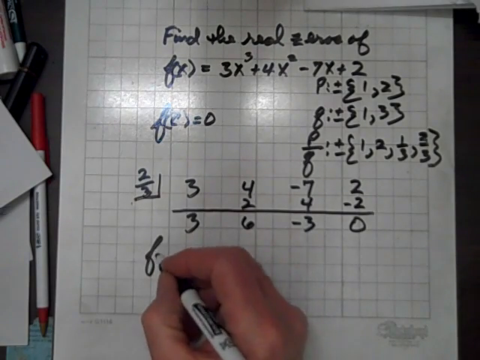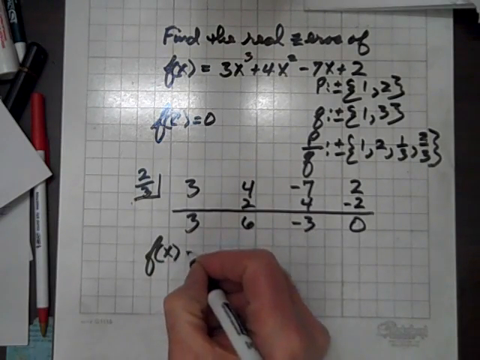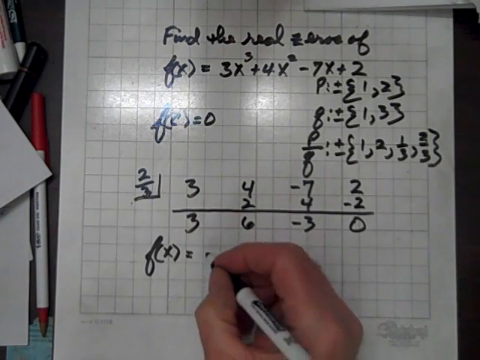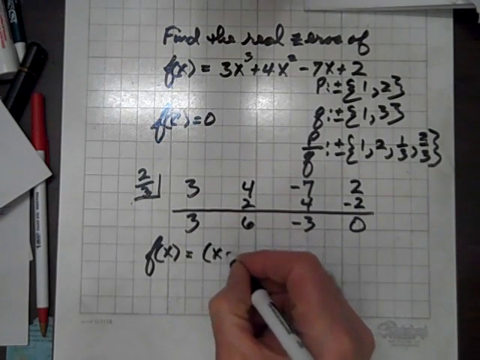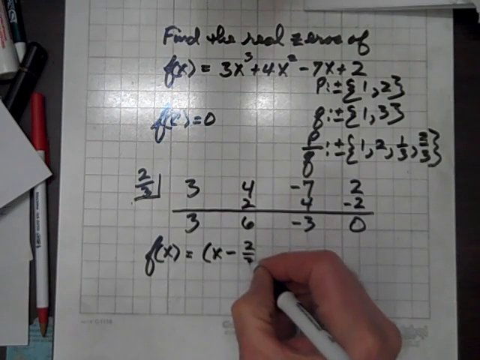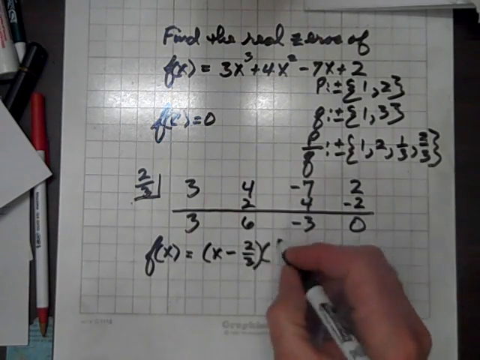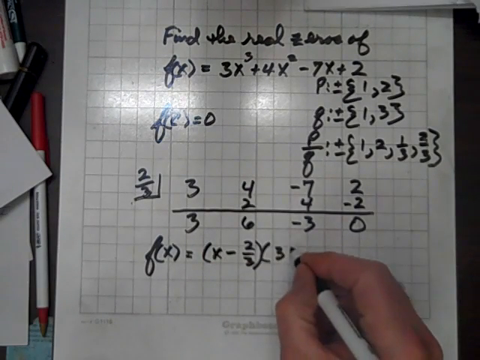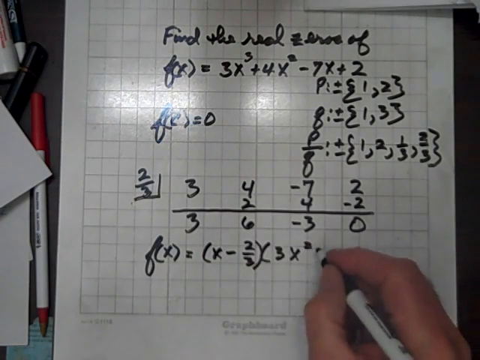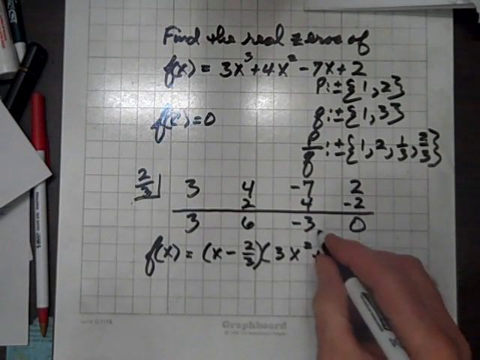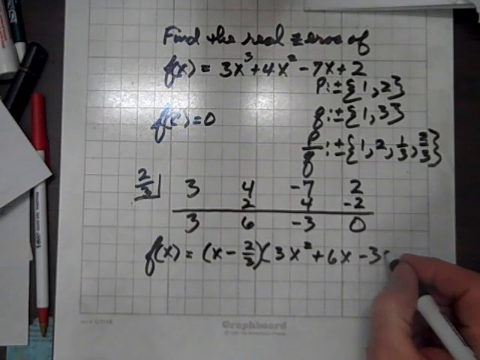So we'll write f of x as x minus 2/3 times 3x squared plus 6x minus 3.